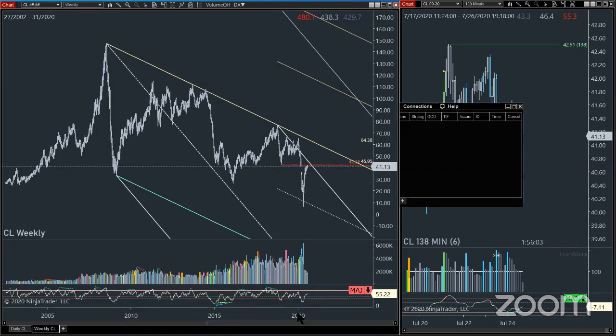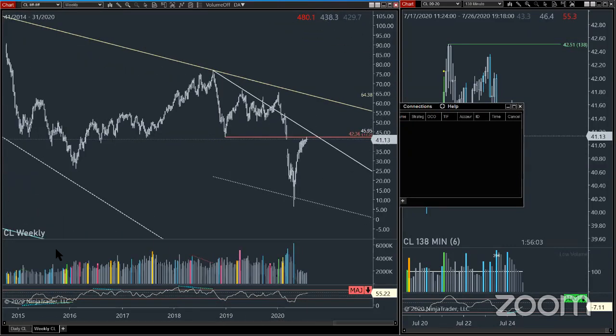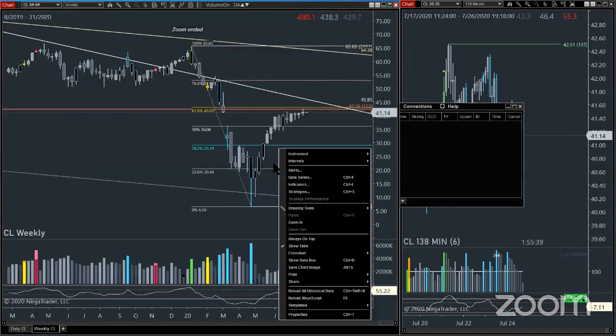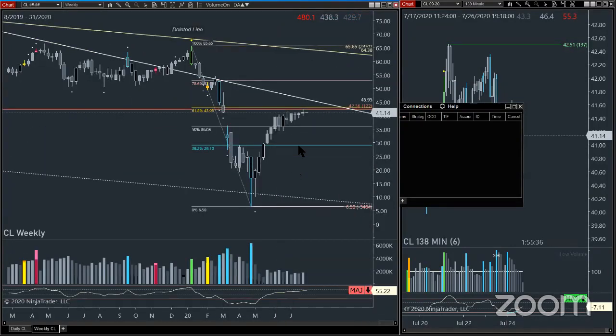Ultimately, this is the only spot that we have nearby, simply the underside of that major low and a filling of the gap. I'm sure that's about 61.8, yeah. It's almost exactly 61.8.